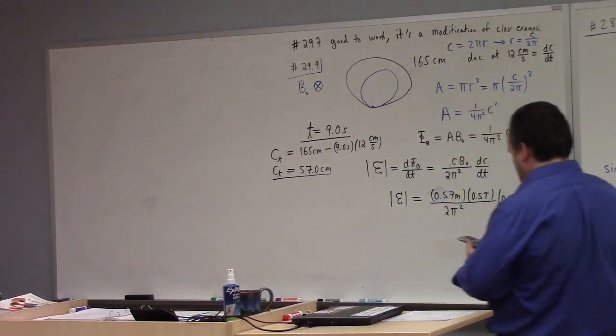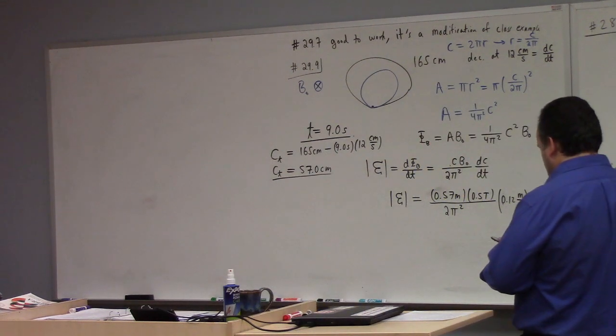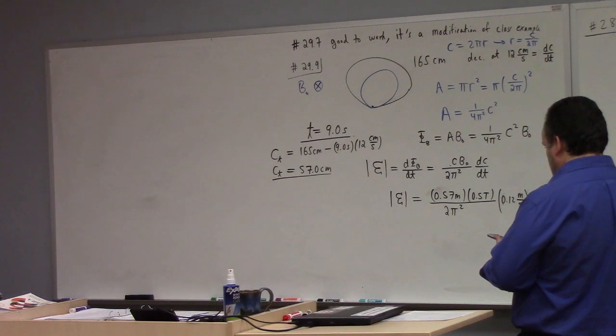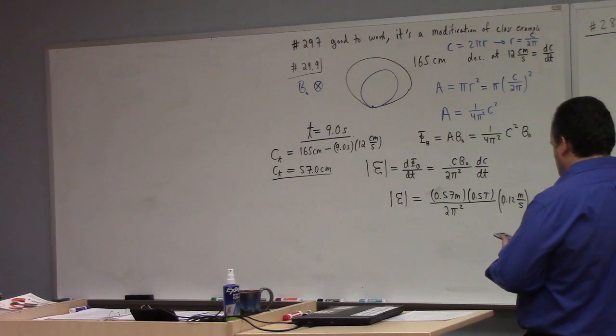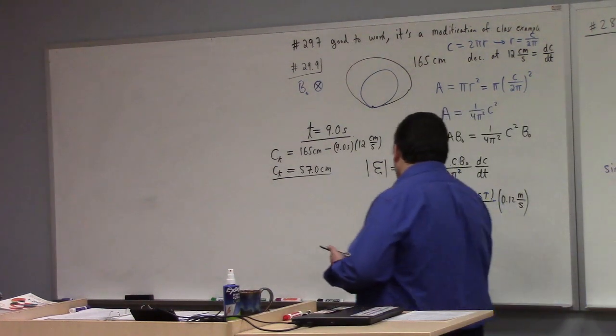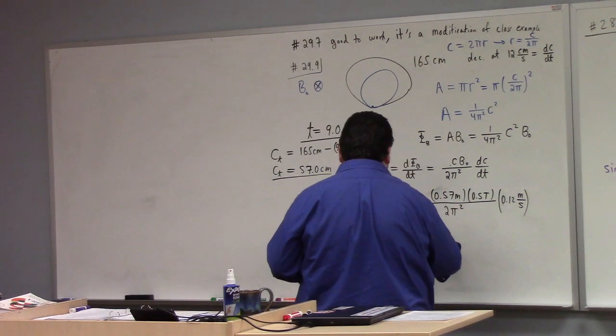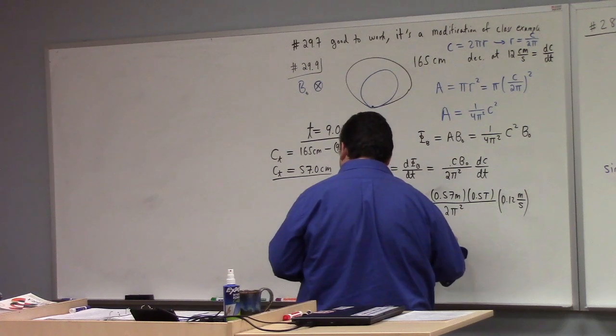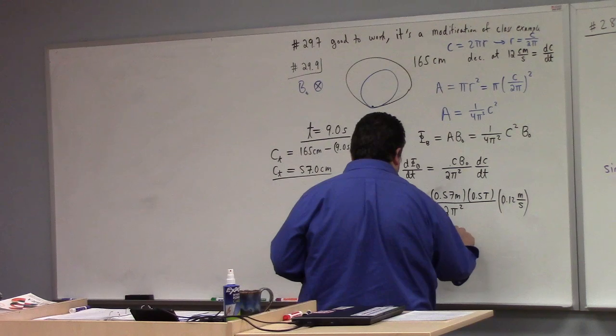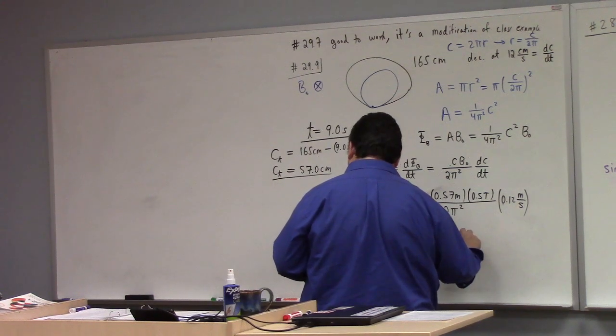All right. 0.57 times 0.5 times 0.12, divide by 2, divide by pi squared. I get a voltage of 1.733 millivolts.